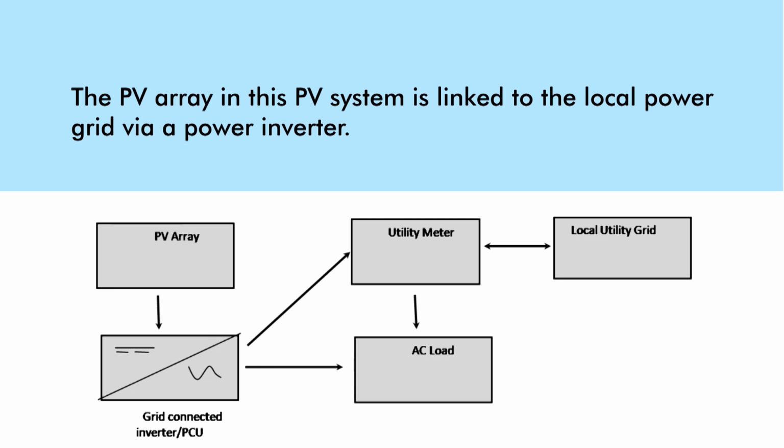The utility meter is also used to send any excess power to the power grid, and to record the electricity coming from or going to the utility grid, a bidirectional meter is also required.